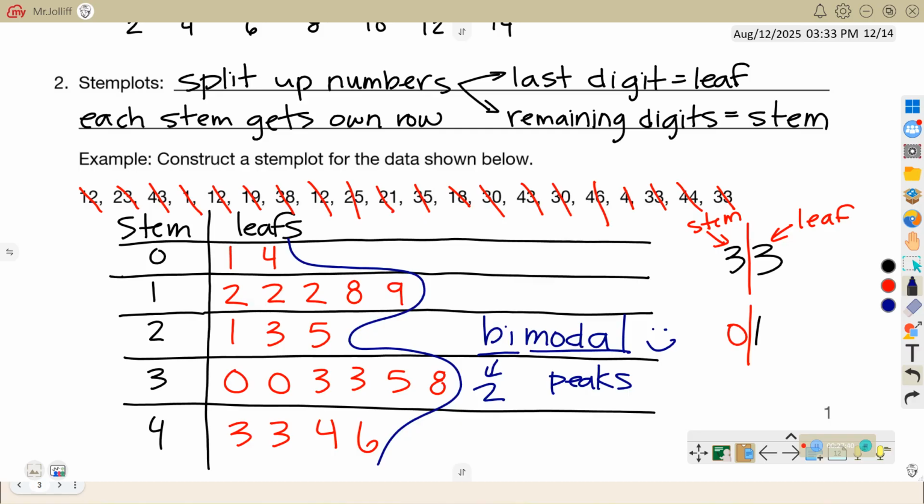If you have values from like 100 to 150, that's reasonable, because then you have the 10, the 11 as your stem, because you're only picking off the last digit. But if you have 100 to 9900, that's too many stems. So this is typically only used for stuff that's kind of close together on the number line. Yeah. That was a very good question.